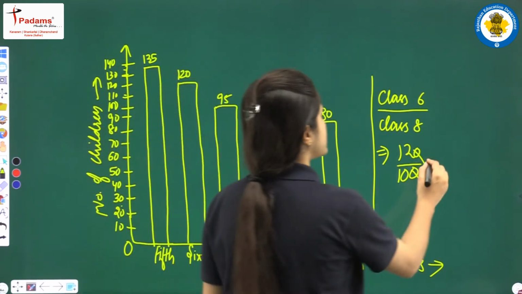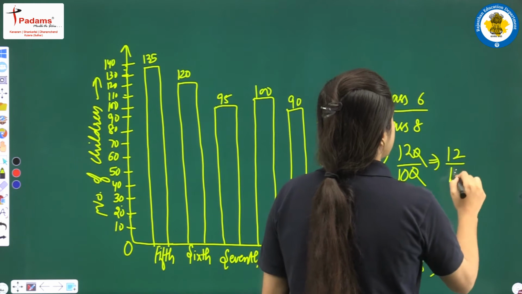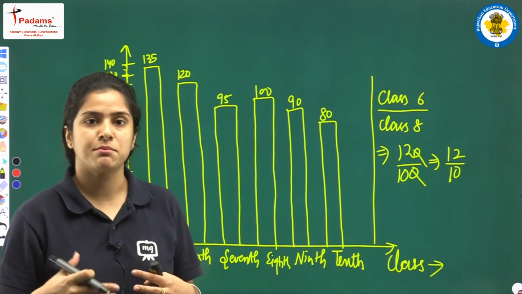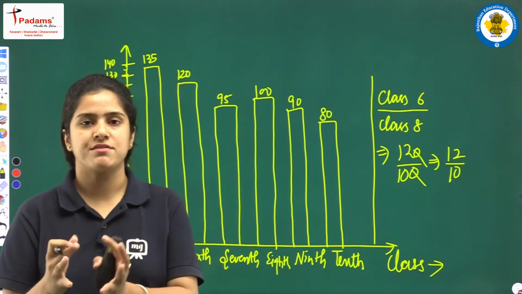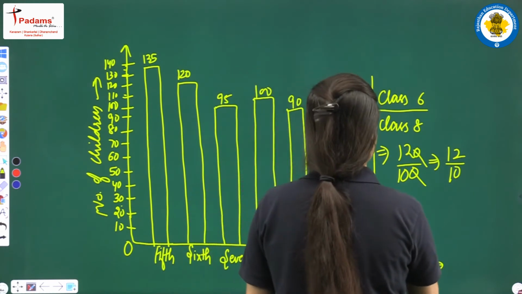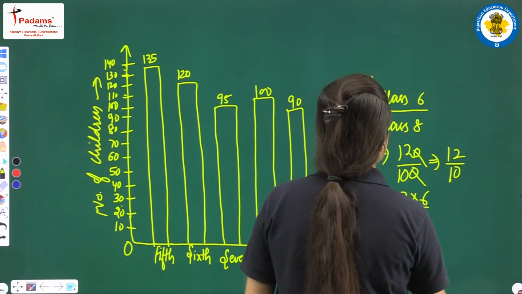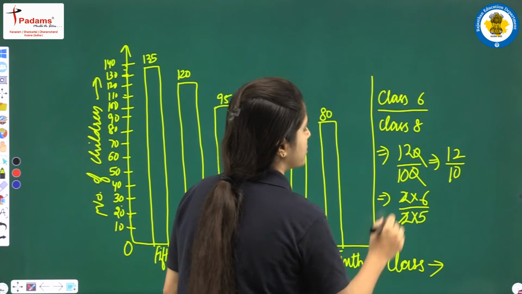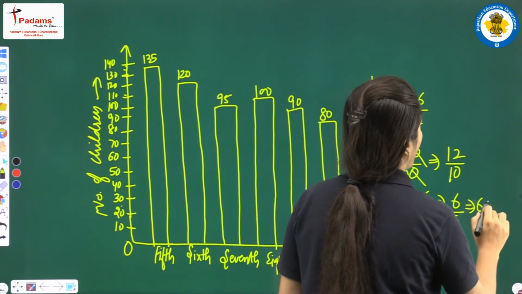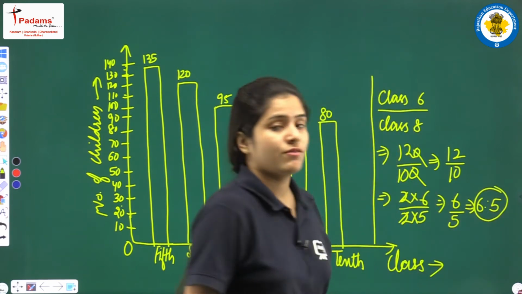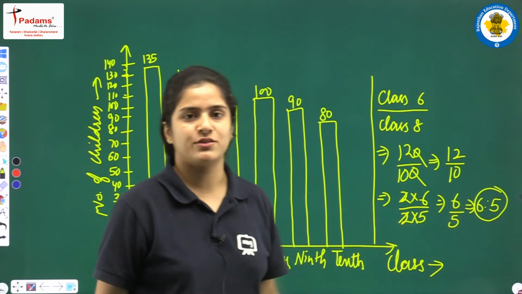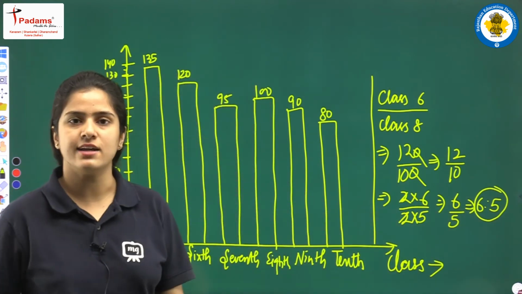So this is 12 upon 10. 12 and 10 are cancelled by the table of 2, as 2 into 5 is equal to 10 and 2 into 6 is equal to 12. So 2 can be cancelled out from both sides. It is equal to 6 upon 5. So the ratio of class 6 to class 8 is 6:5. Okay students, so this is your desired result.